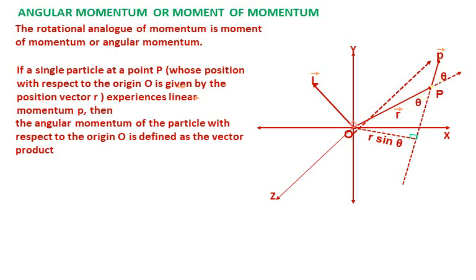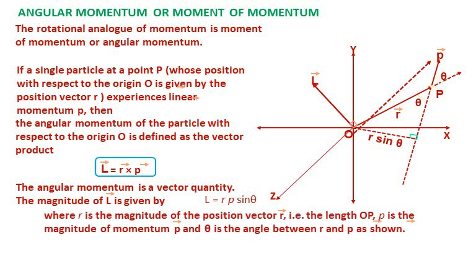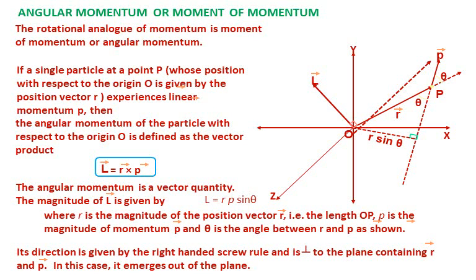Then the angular momentum of the particle with respect to origin O is defined as the vector product r cross p. So it will be a vector quantity, and the magnitude of this angular momentum, denoted by symbol capital L, will be equal to rp sine theta, and its direction is given by the right-handed screw rule and is perpendicular to the plane containing r and p. In this case, it emerges out of the plane as shown.